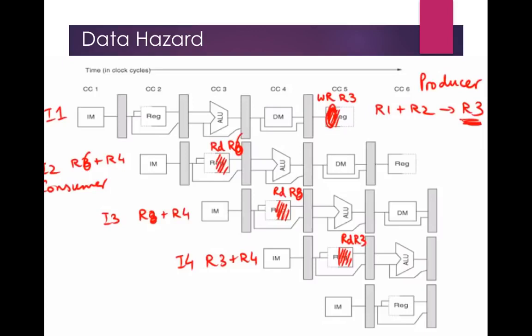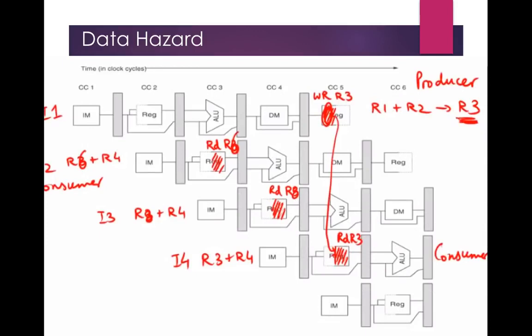Here we can provide it, because in the first portion of clock cycle 5 for the first instruction, we will write R3. And we can provide very clearly at instruction 4 that the second part, the register read of R3, is going to happen. So this is how we can resolve the conflicts.